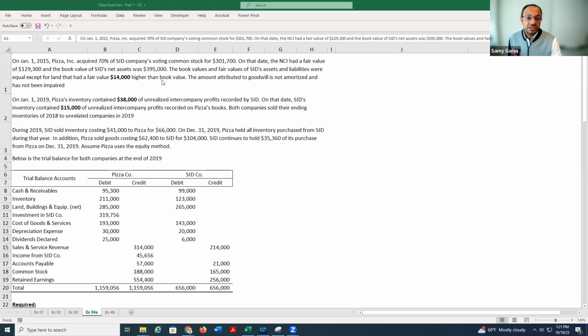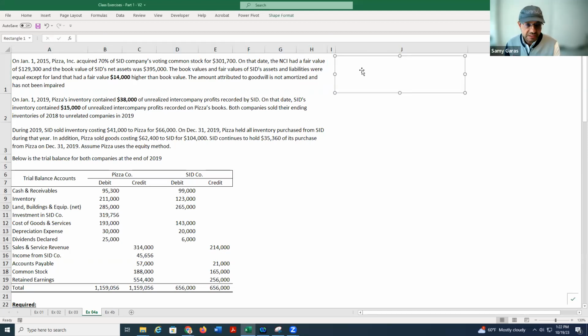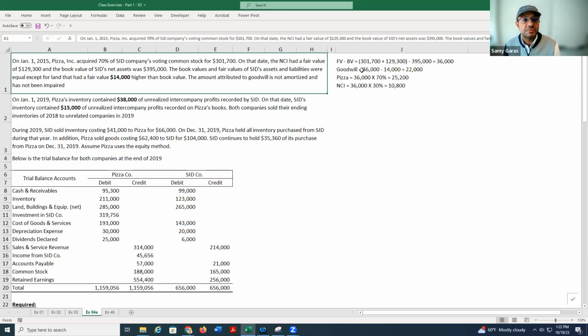In this question, it asks us to allocate the difference, part of it to the increase in the land price, and the other part to the increase in goodwill. So here I put some notes that can help us filter the information.